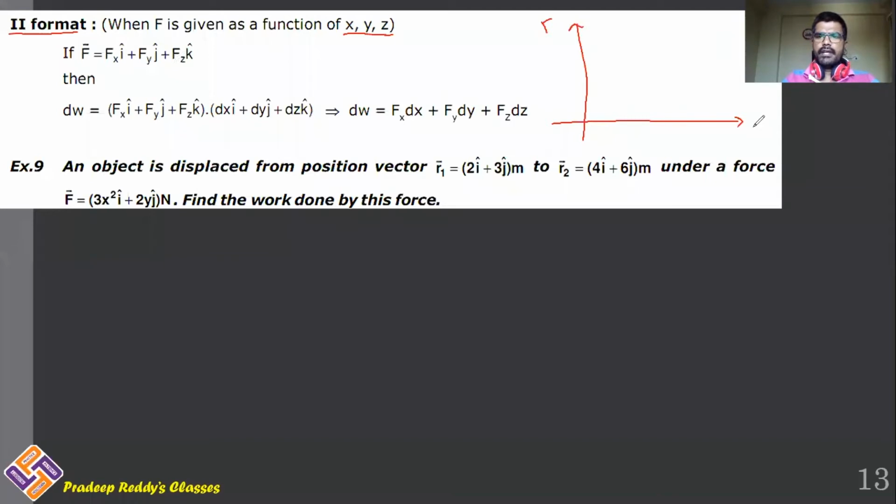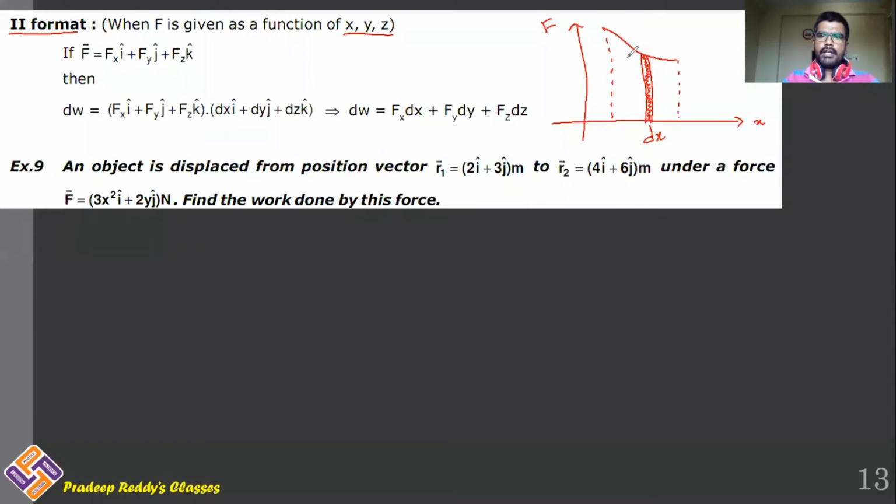This is F and this is X. For example, consider some work done in this way. Force is not constant. This is a variable force. So whenever you are calculating work done by a variable force, first you take a very small element. This is a very small element and its displacement is dx.